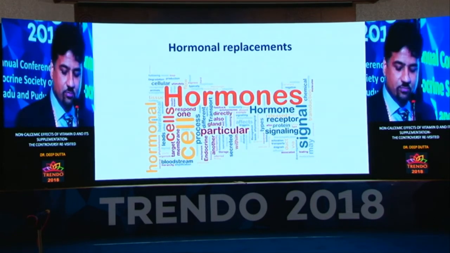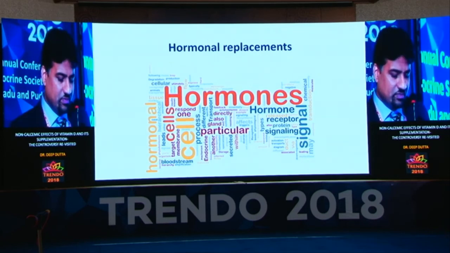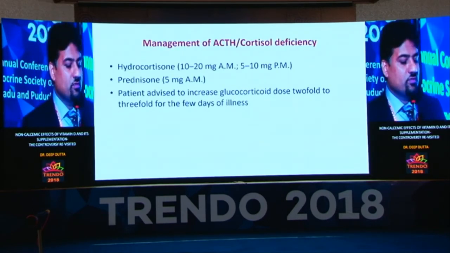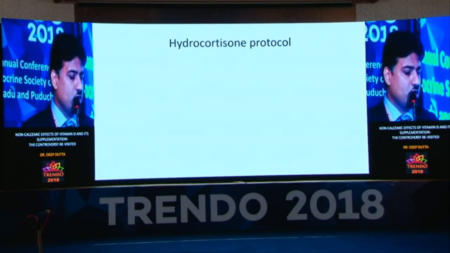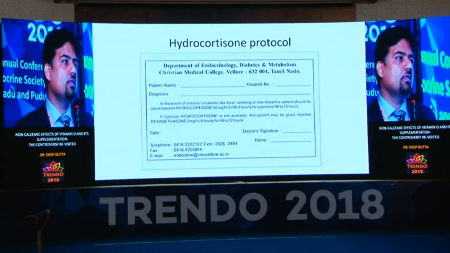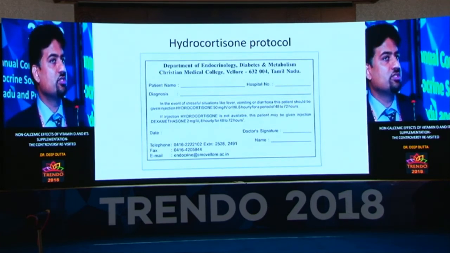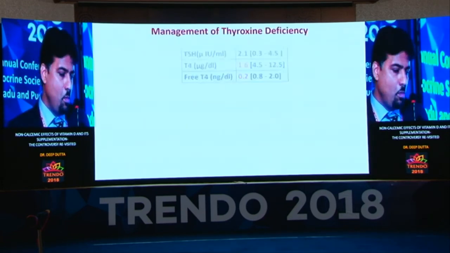The hormonal treatment in these patients is similar to other patients. It's not different. Management of cortisol deficiency would be just replacing physiological doses of prednisolone or hydrocortisone, but it's again important to embark on hydrocortisone cover for stress, especially in an emergency. It can avoid a life-threatening event.